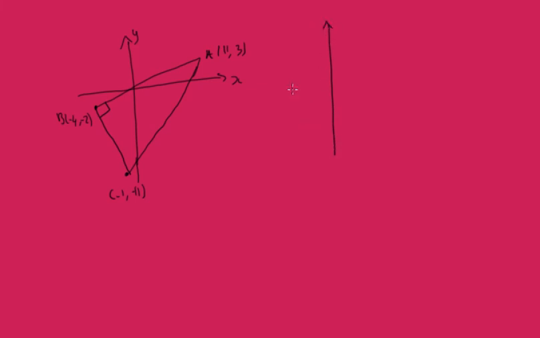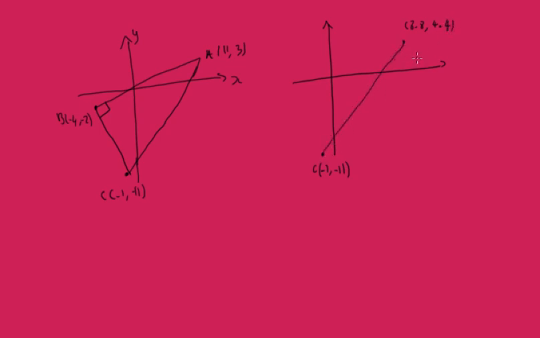And then we plot the other one. We still have C down here as minus 1, minus 11. But now we've got B up here, and that is 8.8, 4.4.